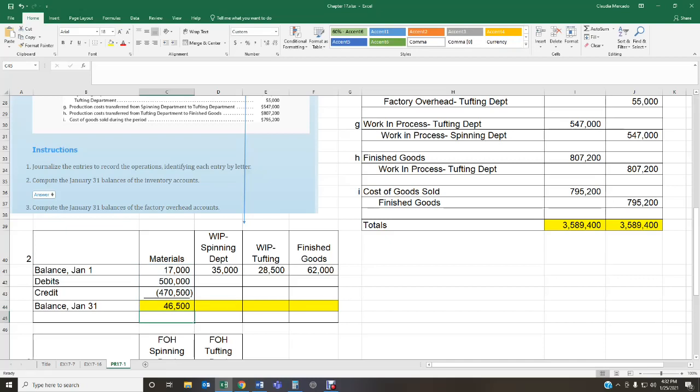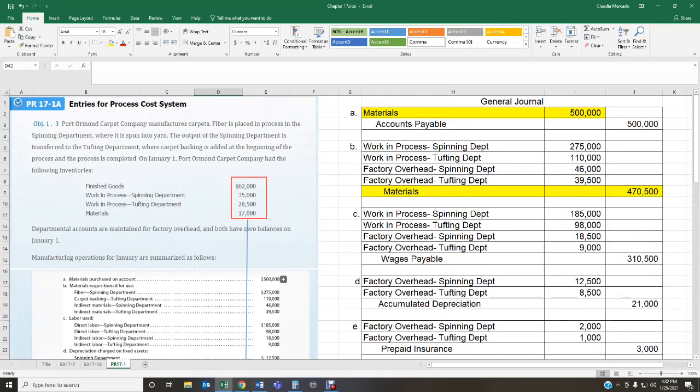We're going to do the same thing for work in process spinning, work in process tufting, and finished goods. So now we go to the work in process spinning department, and we're going to look for all of the debits. Work in process spinning, that's a debit, that's 1. That's a debit, that's 2.